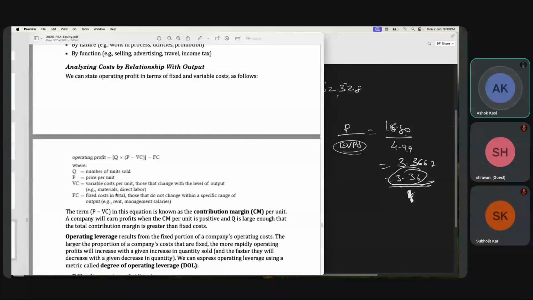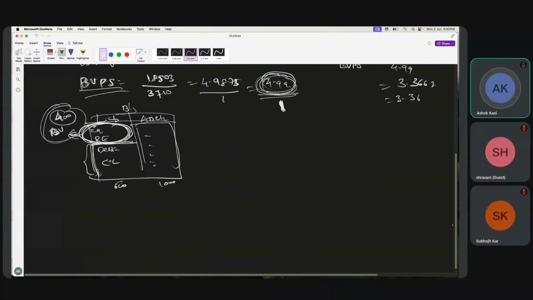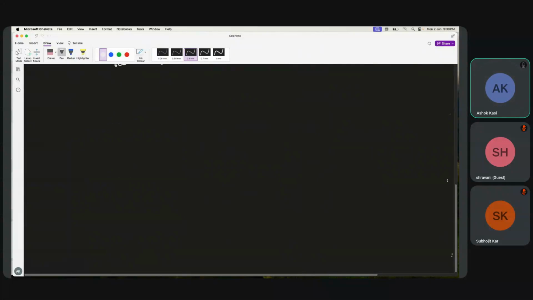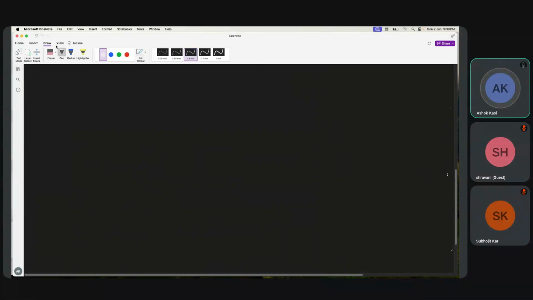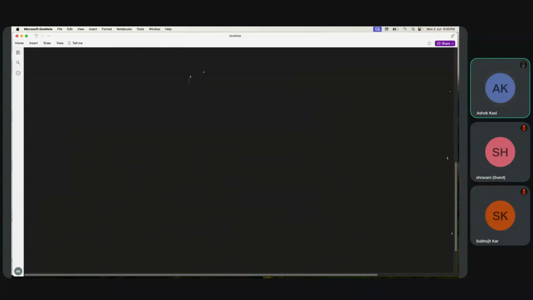Okay, this is called operating leverage. So operating leverage means what? The degree of operating leverage. See, for example, normally if I have to calculate net profit using functional classification, then how will I calculate?